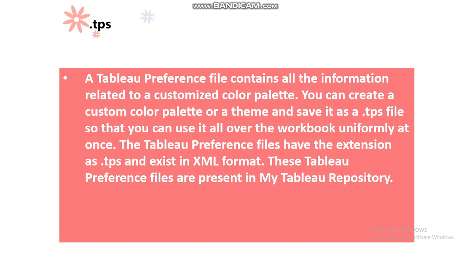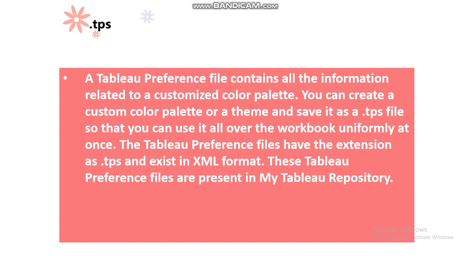The next one is .TPS. A TPS file is nothing but a Tableau preference file. In Tableau, while adding dimensions to color, we see different color palettes which are available by default. But if we don't like to use the existing color palette and feel like creating our own palette, that's when .TPS files come into the picture.